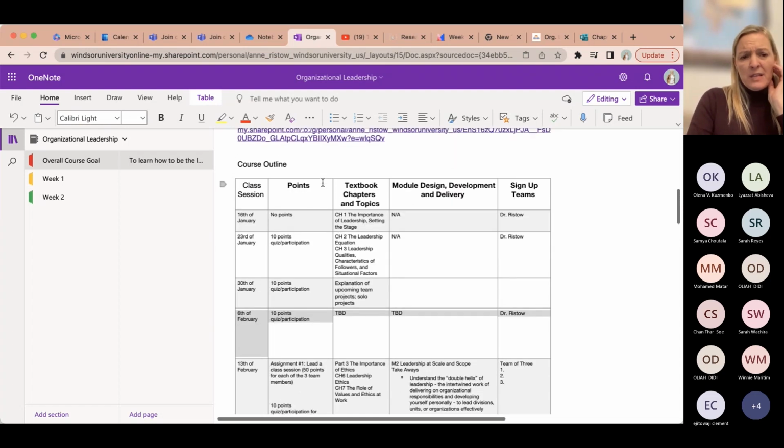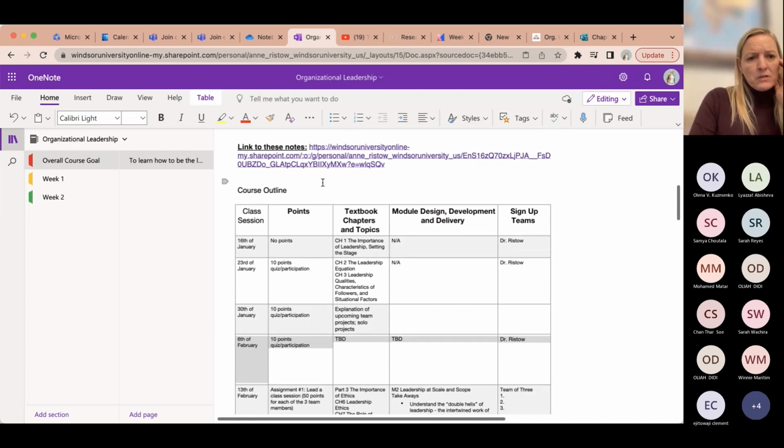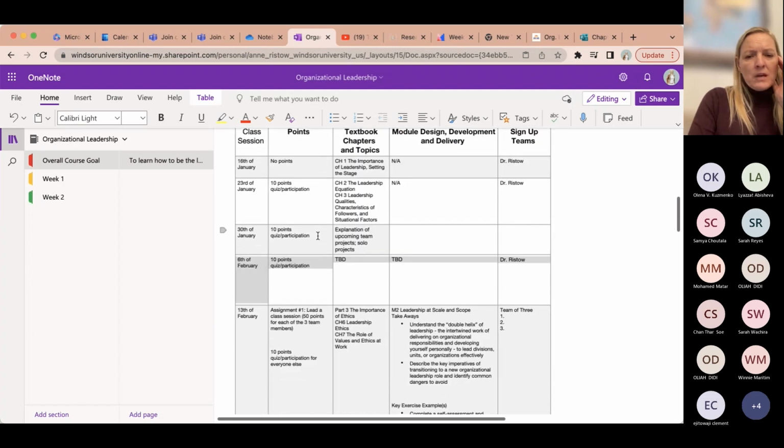You can go ahead and take a look at this as much as you would like. It's on the course goal page, but just know that this date is going to change depending on the results that I hear back from you all.